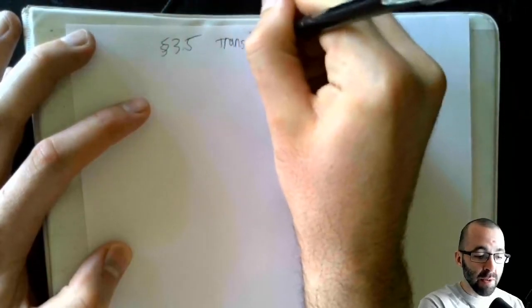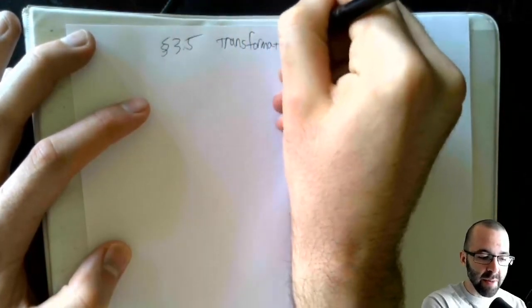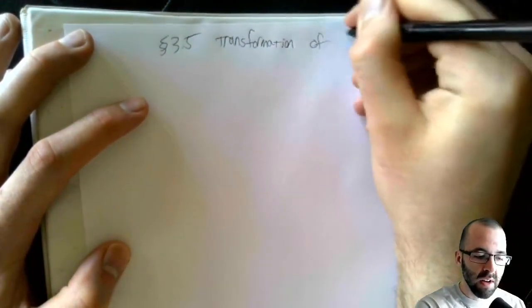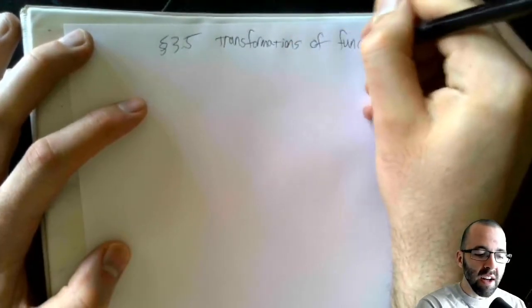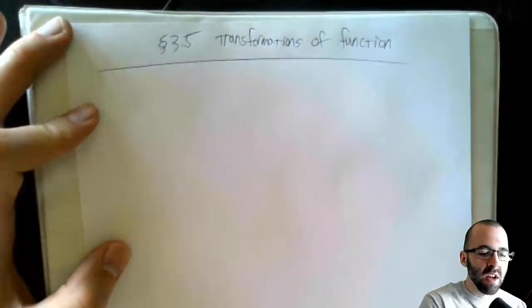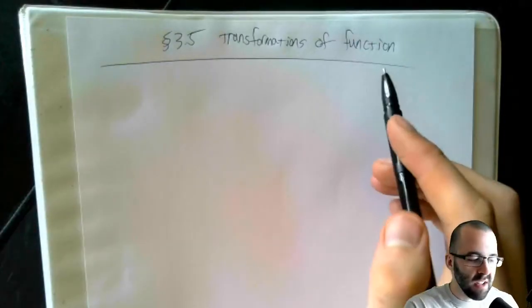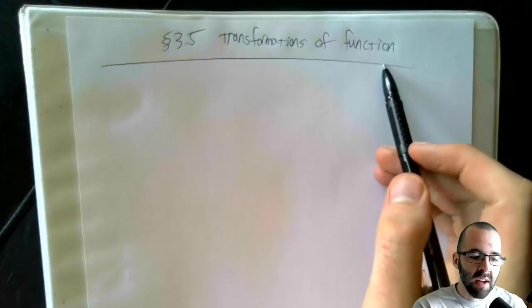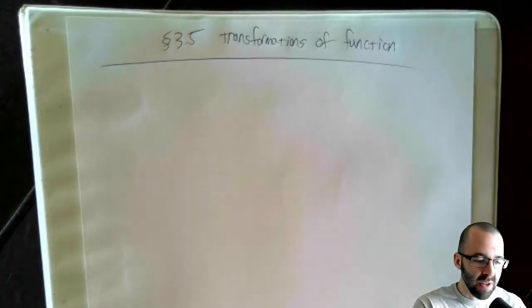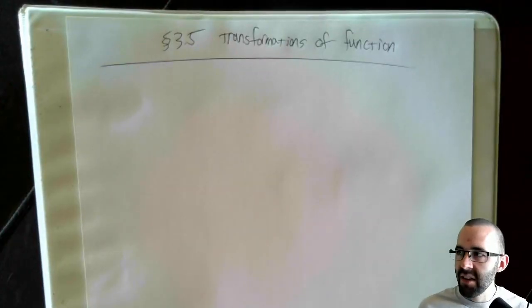First off, this is a really good section to do in an online class because I'm going to be showing you things on the computer. Second off, this might be the single most useful section in this whole class, as far as how often it gets used in every area of mathematics ever, okay?